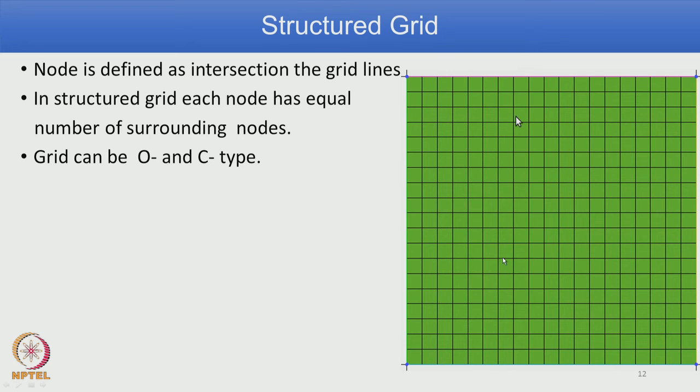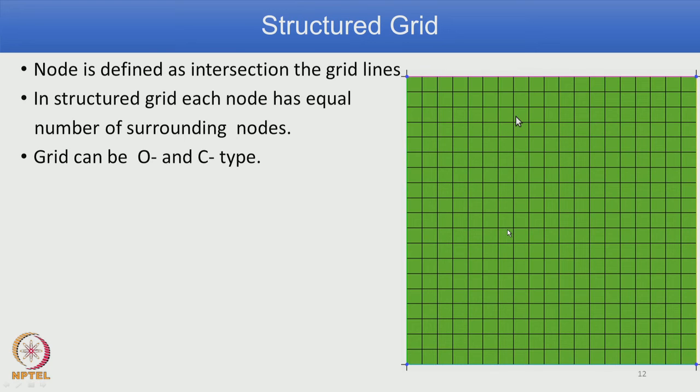So, 1, 2, 3 for this particular node, and you go anywhere else in the domain. For example, if you take here, you observe the same: 3 nodes on the top, one left, one right, and 3 nodes on the bottom. So, in a structured grid, each node has an equal number of surrounding nodes.